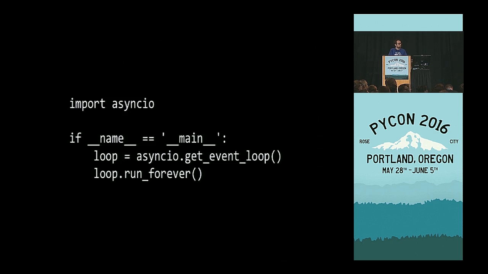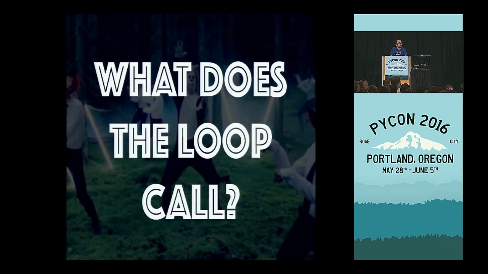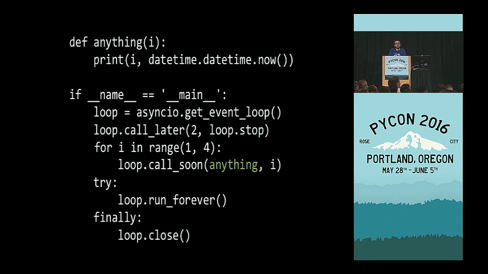But that example was a little annoying because it was just running nothing forever. So what does the loop call? What it calls is whatever you want, right? Like if we have any simple function that we would like to invoke, you can just tell the loop, please call it soon.